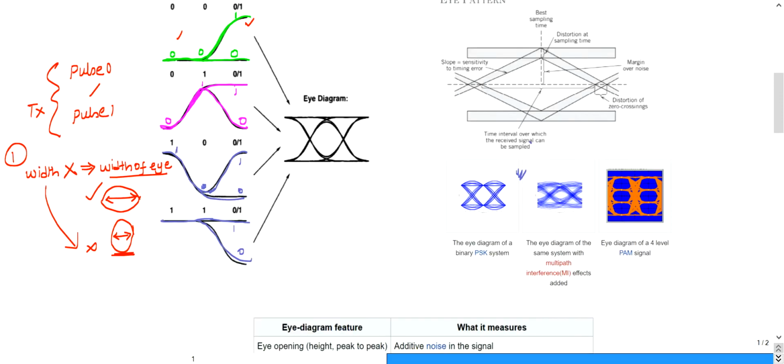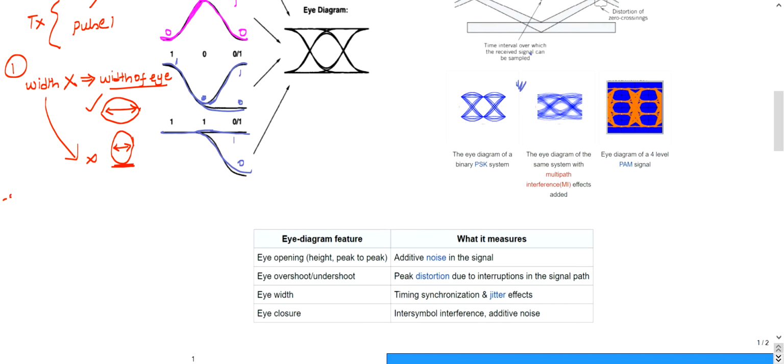Then, as already explained, the height of the pulse. If the amplitude of pulse 0 or pulse 1 got distorted, so instead of exactly 1 it is a distorted 1, then this distortion in the amplitude of the pulse directly affects the height of the eye.